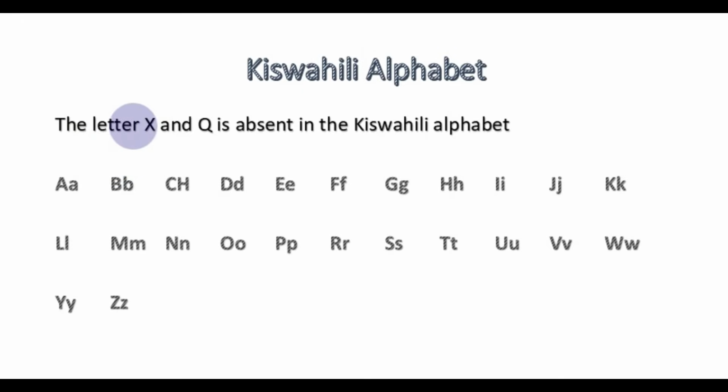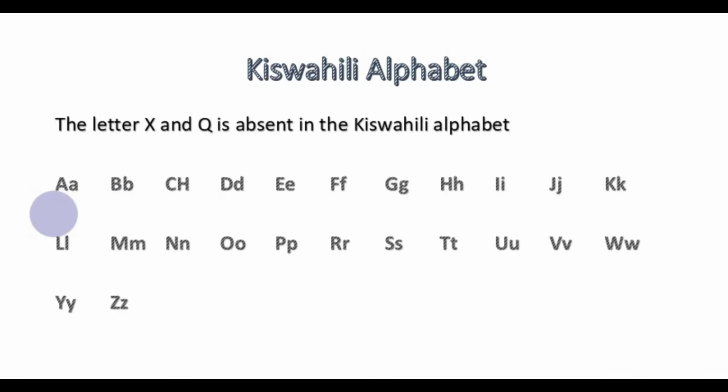There are two letters which we do not have in the alphabet, the letter X and the letter Q. These letters are not present in the Kiswahili alphabet. This means that the sounds of these letters are also absent in Kiswahili, in the alphabet.